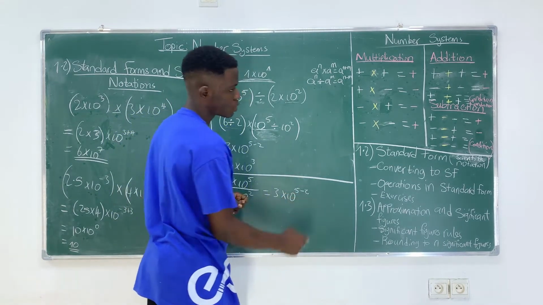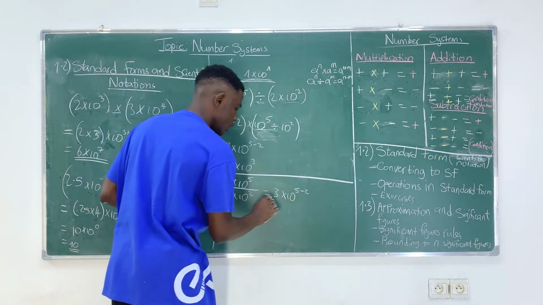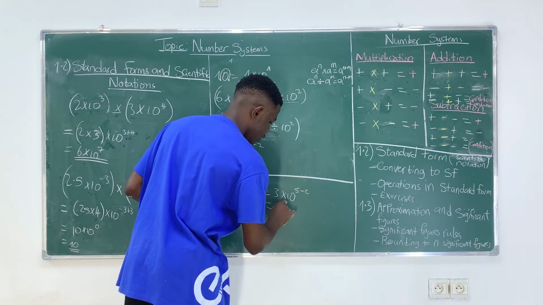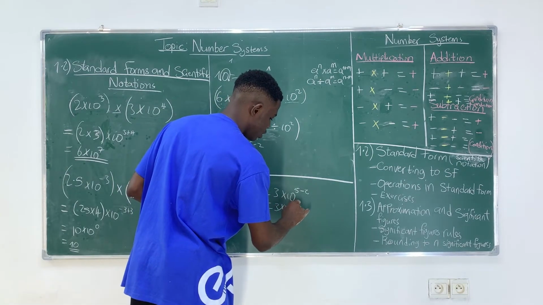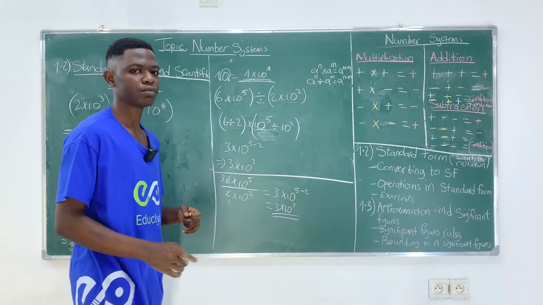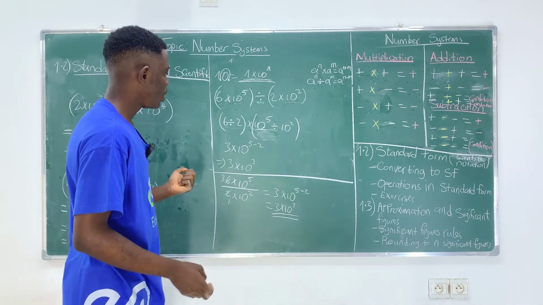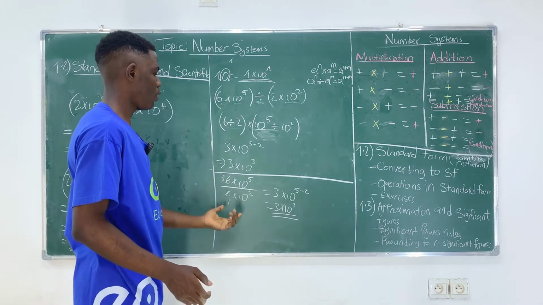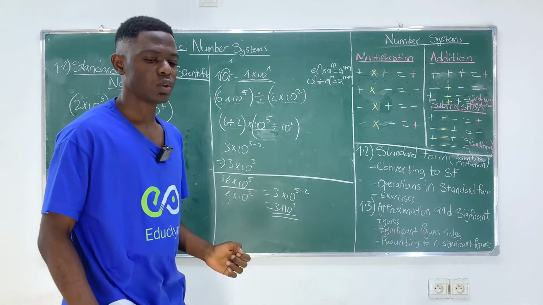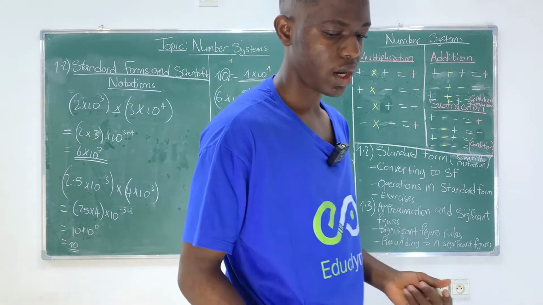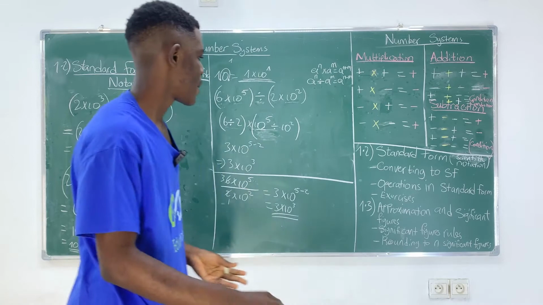Because it is under, I bring it up and I put minus. So I'm going to have 3 times 10 to the power 3, just like that. You can do it like this and you're still going to have the answer.